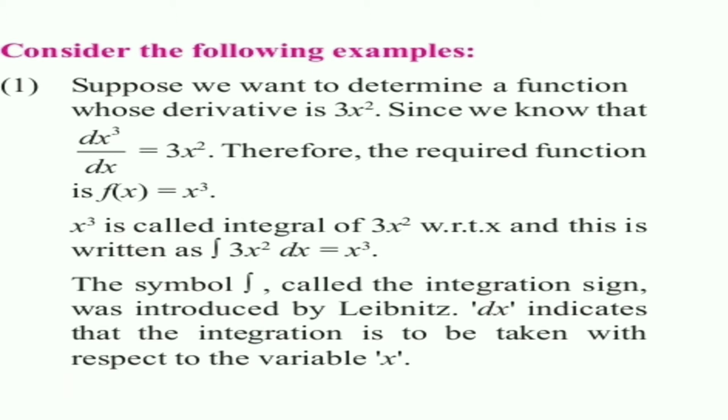X cube is called the integral of 3x square with respect to x, and this is written as integration of 3x square dx equals x cube. The symbol integral, called the integration sign, was introduced by Leibniz. Dx indicates that the integration is to be taken with respect to the variable x.